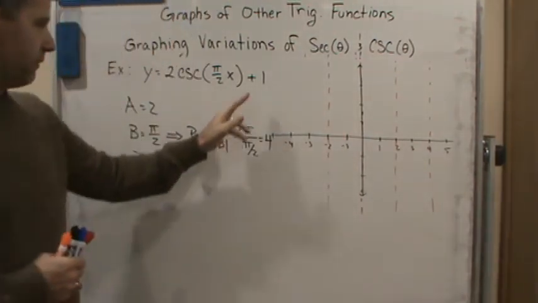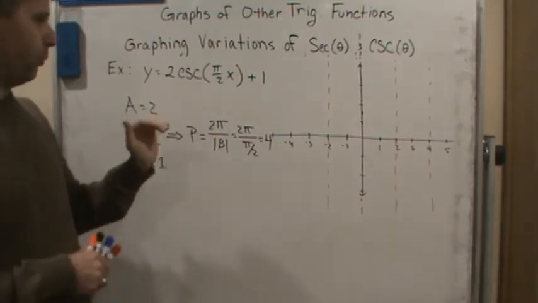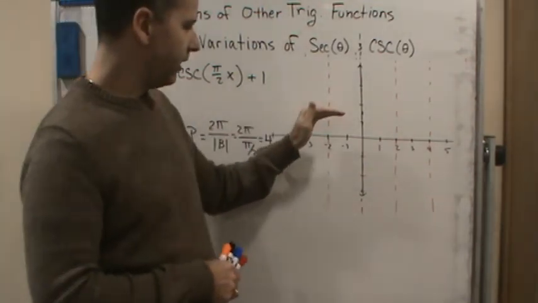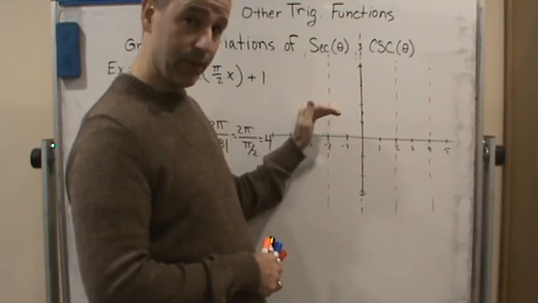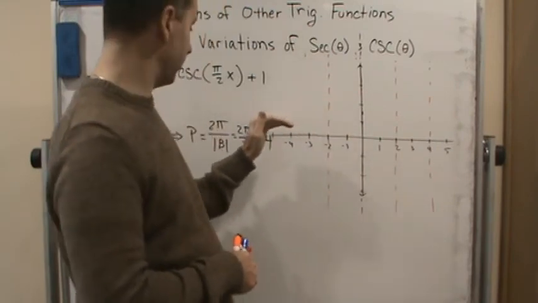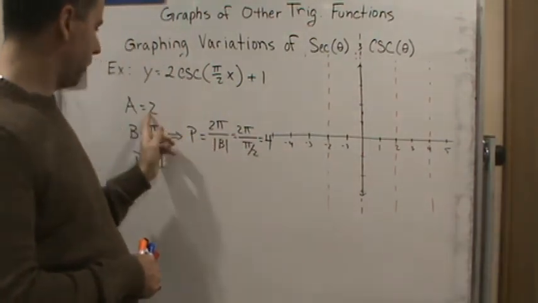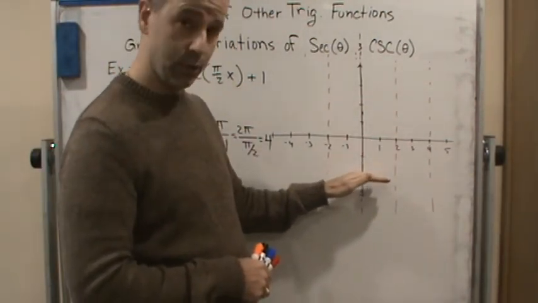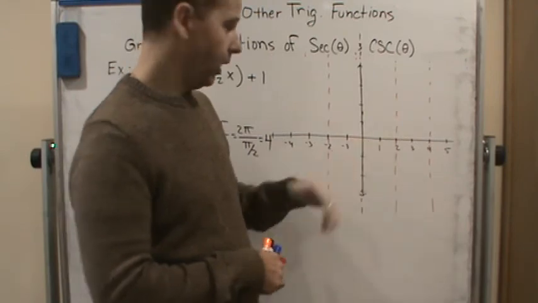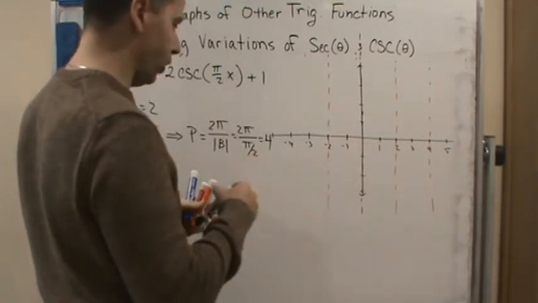But since there's a vertical shift, that means it's going up 1. That means the height of my corresponding related sine function would be going up to 3. And instead of negative 2, it would be going up to negative 1. So that's going to tell me where I'm going to put these.